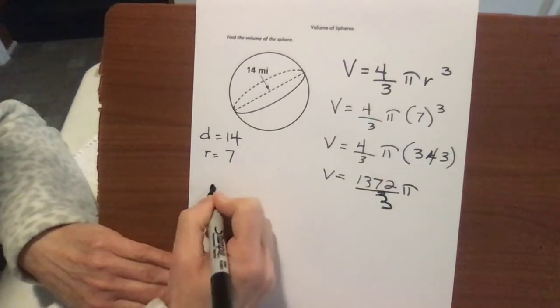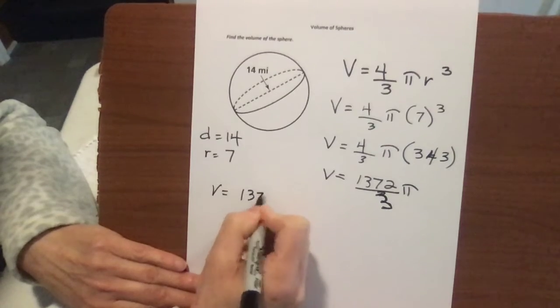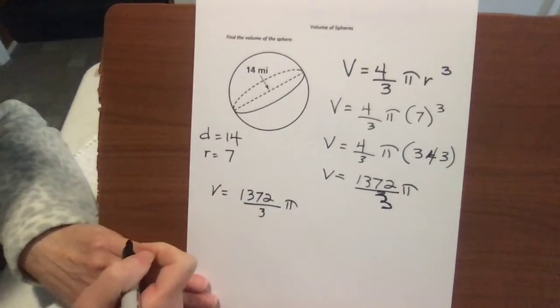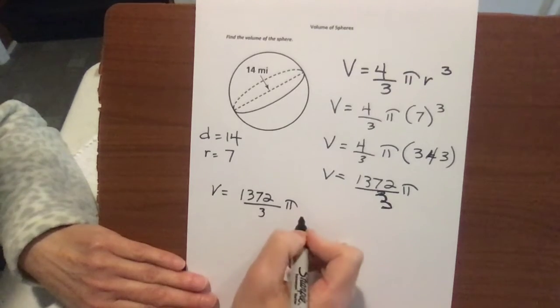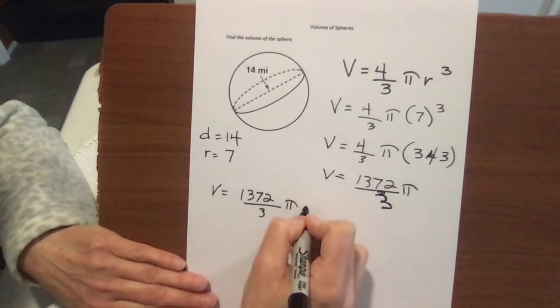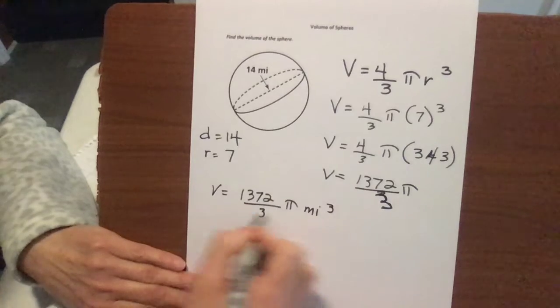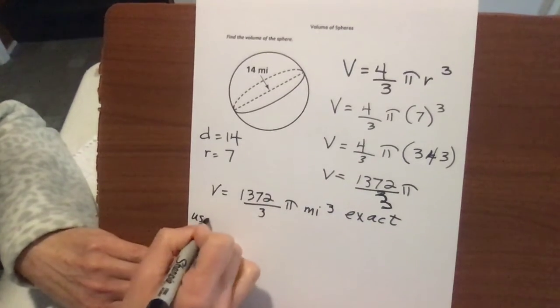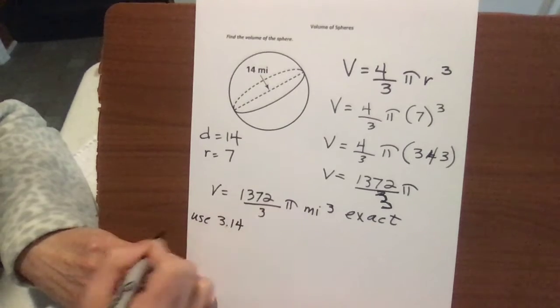So volume equals 1372 over 3 pi. 3 does not divide cleanly into 1372, so you can leave it like that, and it would be in miles cubed. So that's exact.